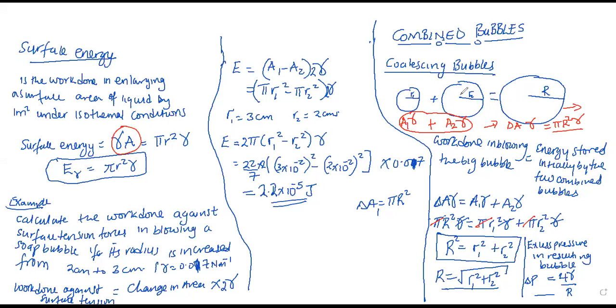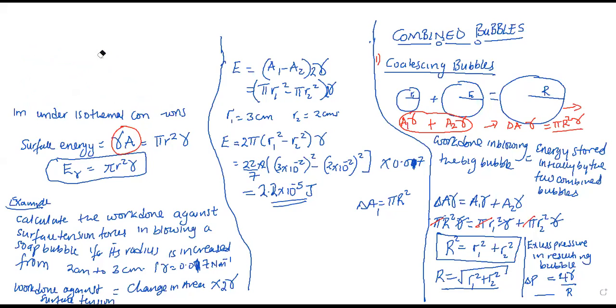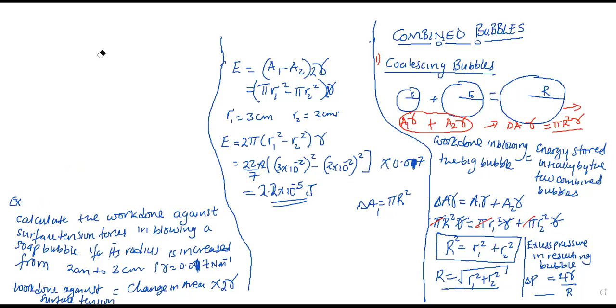Now, that is if the bubbles have coalesced. That was Roman 1. Coalescing means they have been merged together to form one bubble. Then there is another situation where the bubbles do not combine to form one bubble, but they just touch each other and lean against each other.